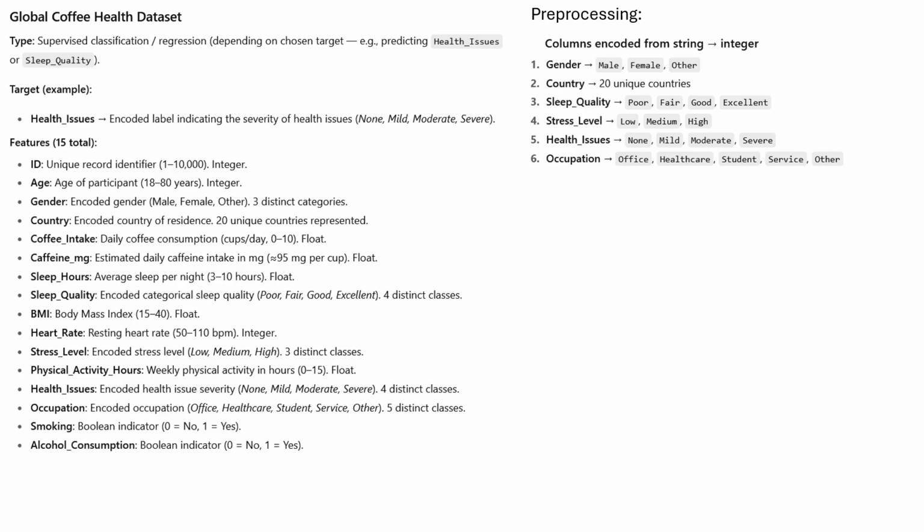For example, demographic information such as ID, age, gender, country; consumption such as coffee intake, caffeine, and weight; sleep such as sleep duration and sleep quality; vitals such as BMI and heart rate; lifestyle such as stress level, physical activity, smoking, alcohol, and occupation. The outcome is a health issue that it will predict.